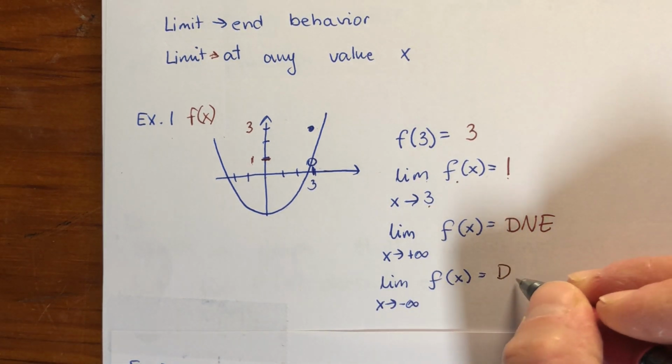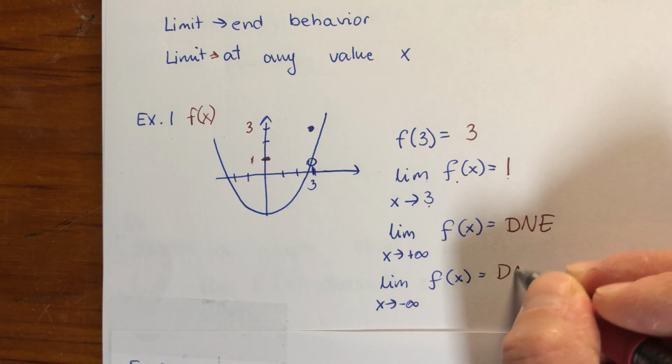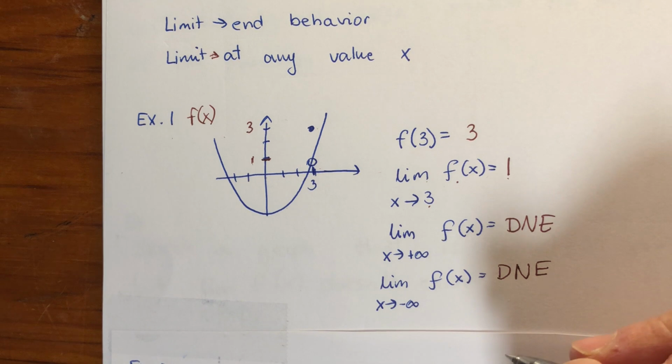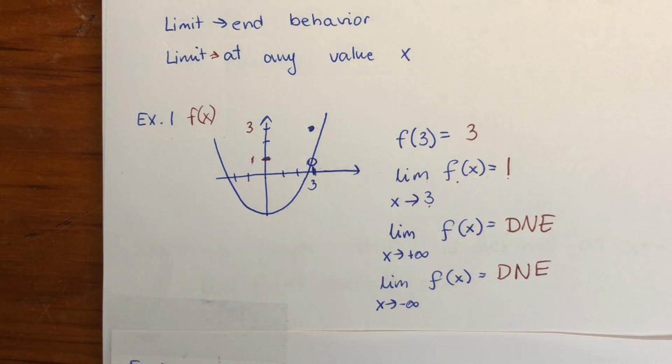And the same thing will happen here, does not exist. We'll talk about those a little bit more later on, but there's not a specific y that we would be going towards.